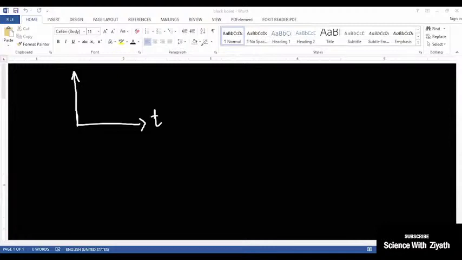I couldn't hear. So the graph which is drawn with velocity on the y-axis and time on the x-axis is called what?